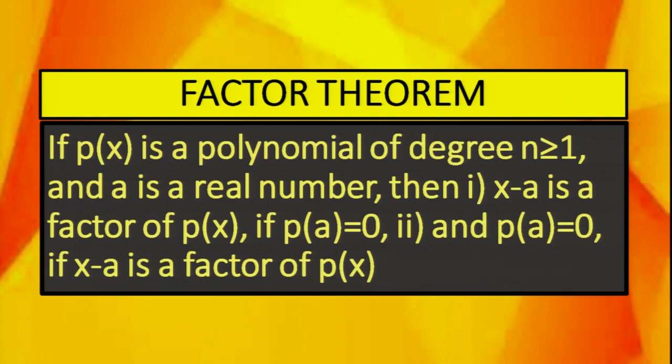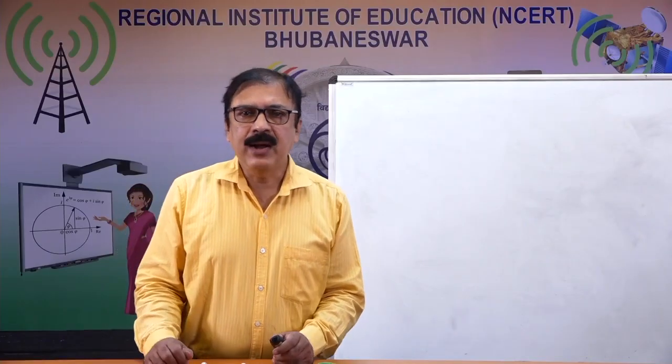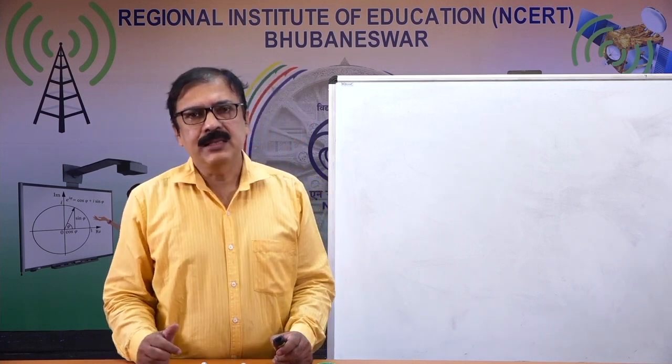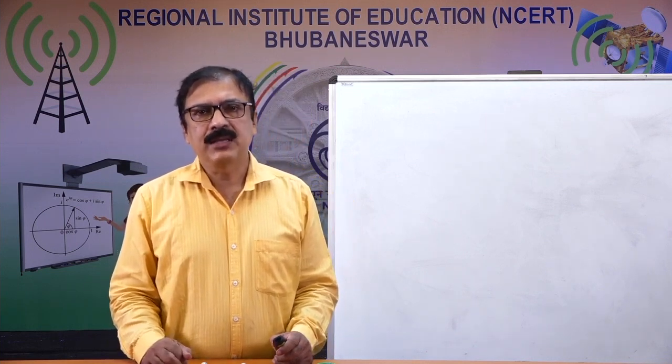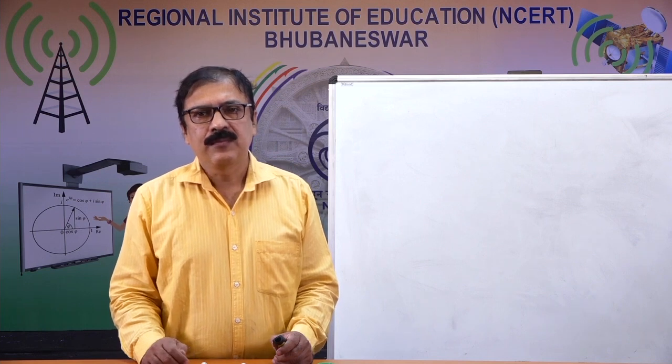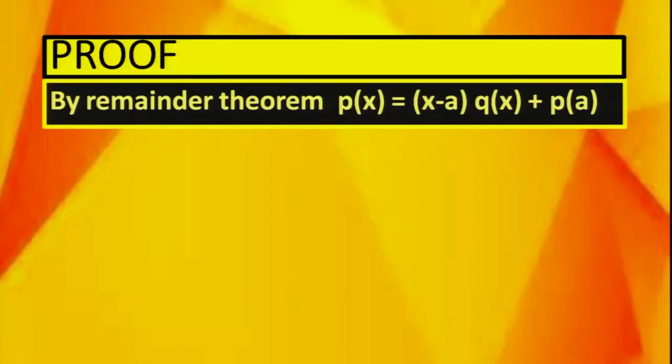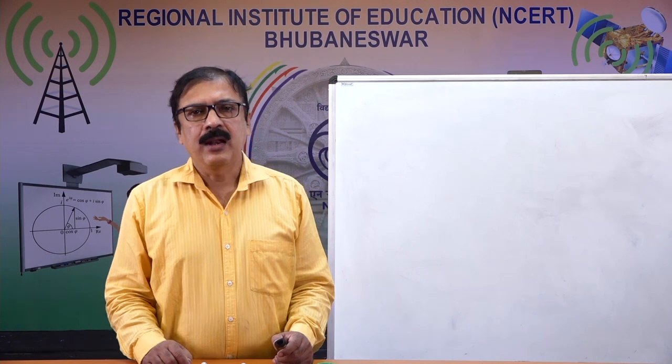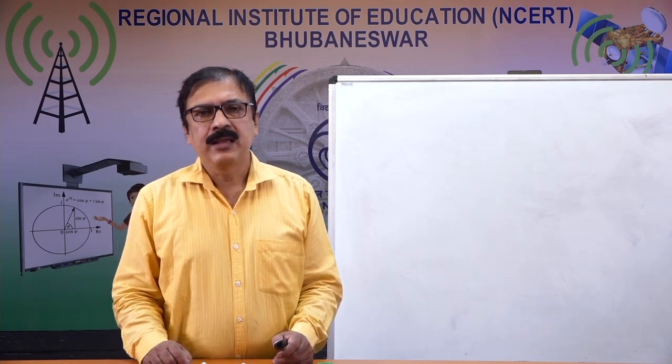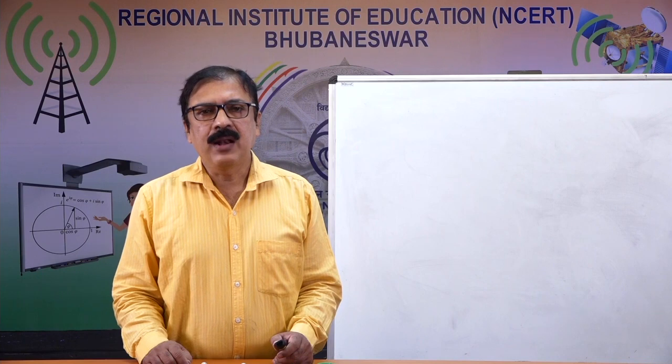Here, let's see what the proof is. How to prove it? First, by the remainder theorem, P(x) is equal to x minus a into q(x) plus P(a), as x minus a is the linear polynomial, so we can write like this, and the remainder is P(a). Here x minus a is given.